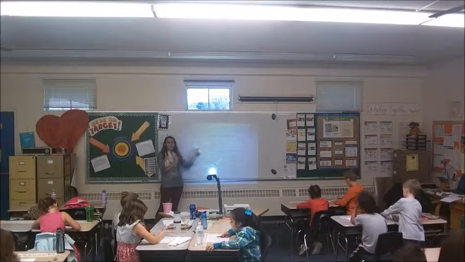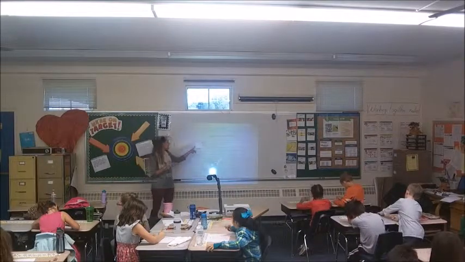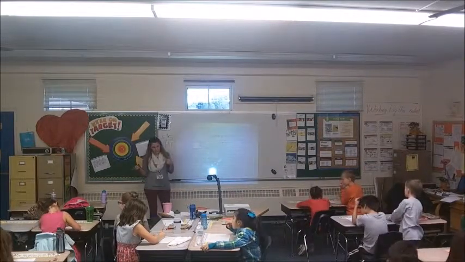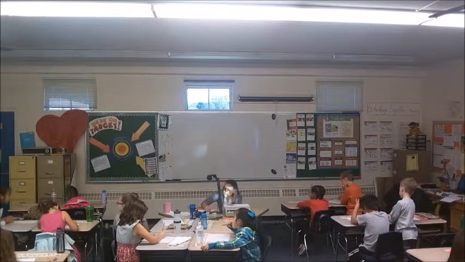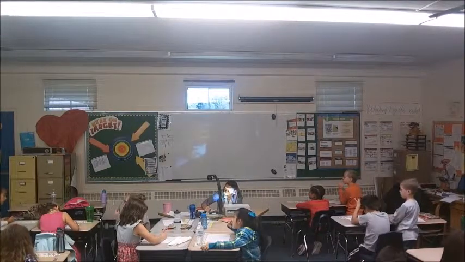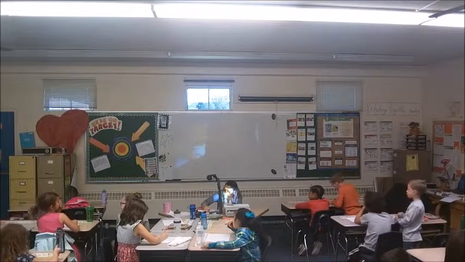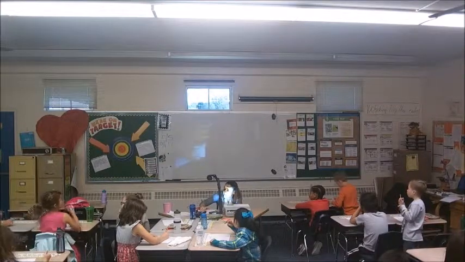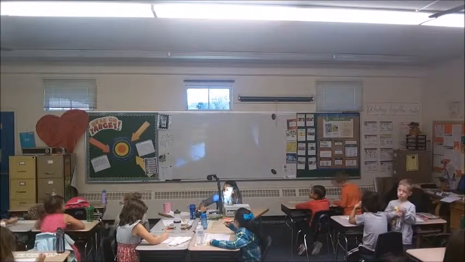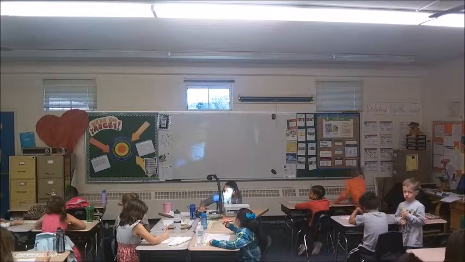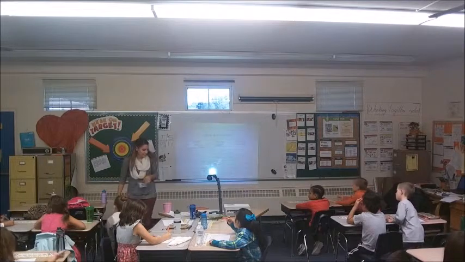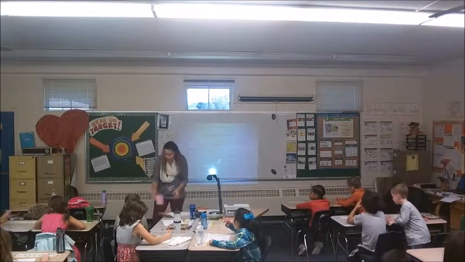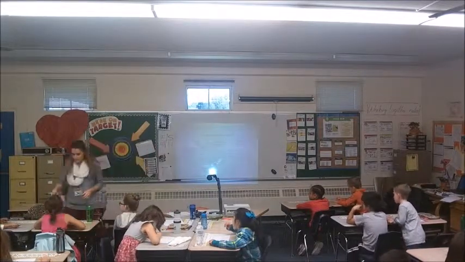So you gotta remember, if there's one consonant after the vowel, then we double the consonant. Exactly. So this one would be stepped, and this one would be stepping, and we double the consonant. Everybody see that? Okay. Let's go to the next one.